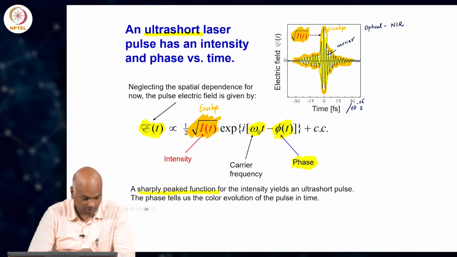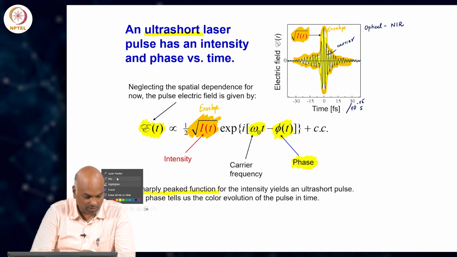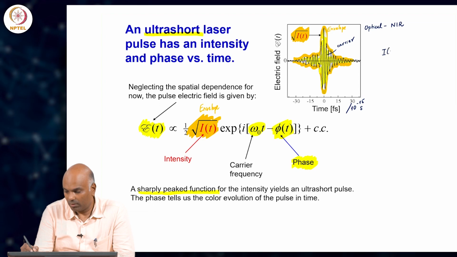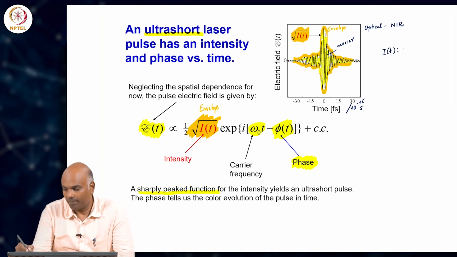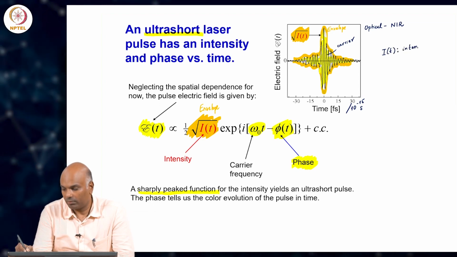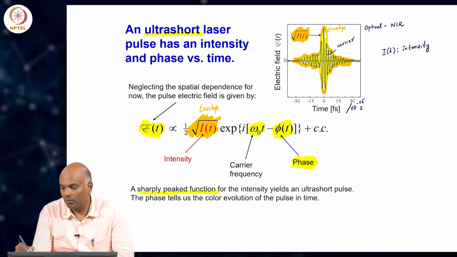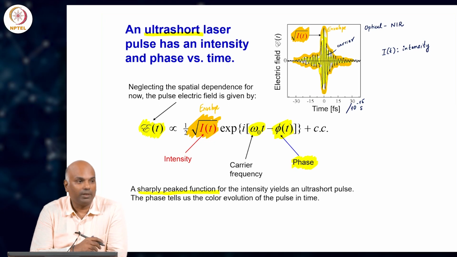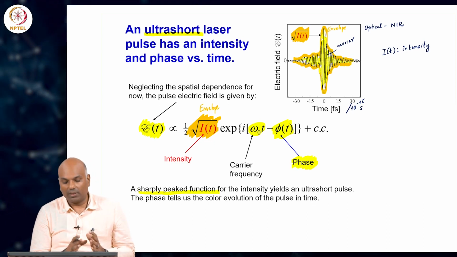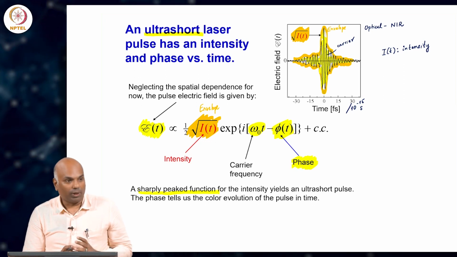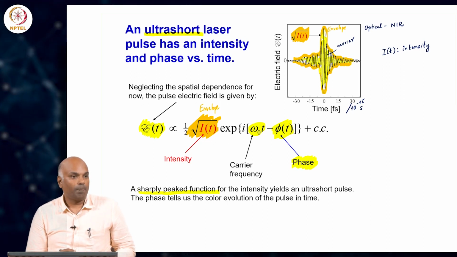I have not yet clarified to you what is I, but it is written down over here that I is the intensity of the wave as a function of time. The I of t function itself is not sketched anywhere here. What we have sketched as the envelope is the square root of I of t, right.